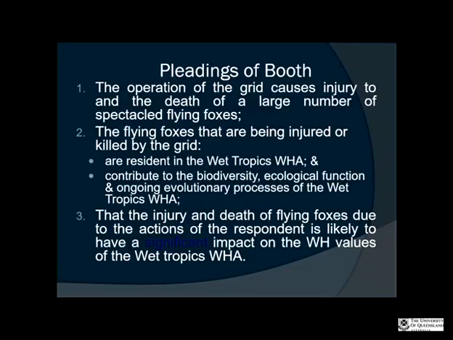And they, that's the flying foxes, contribute to the biological and ecological function and ongoing evolutionary processes of the wet tropics World Heritage Area. And therefore, the injury and death of flying foxes due to the actions of the lychee orchard owner is likely to have a significant impact on the World Heritage values of the wet tropics World Heritage Area.